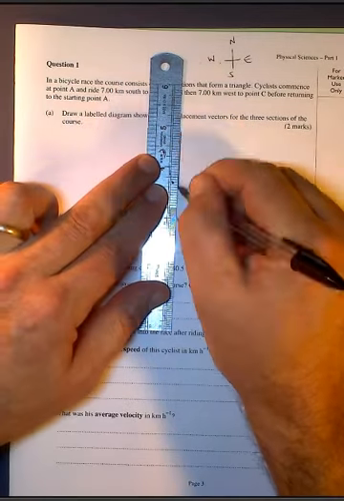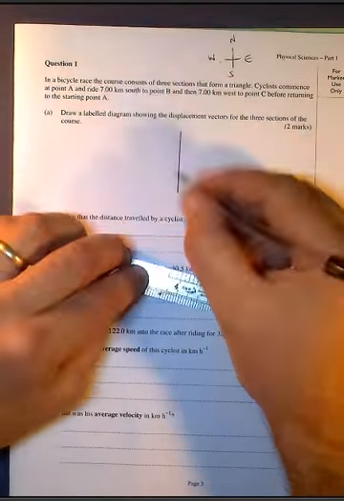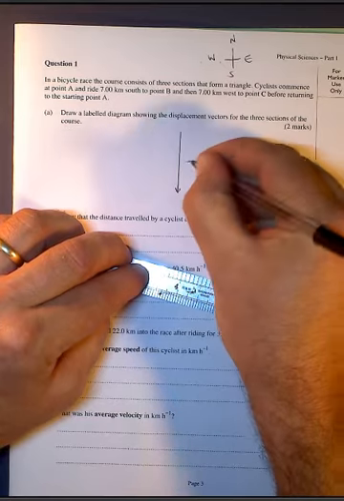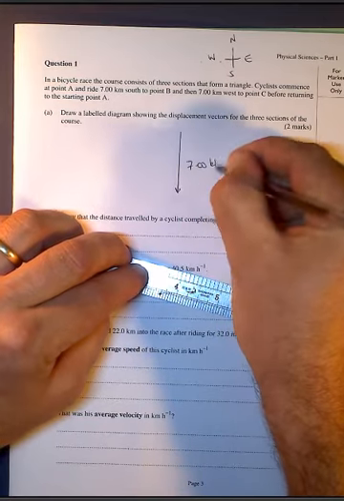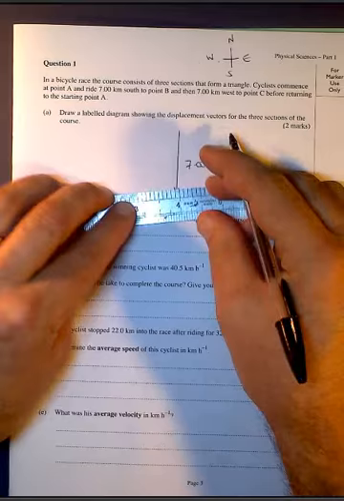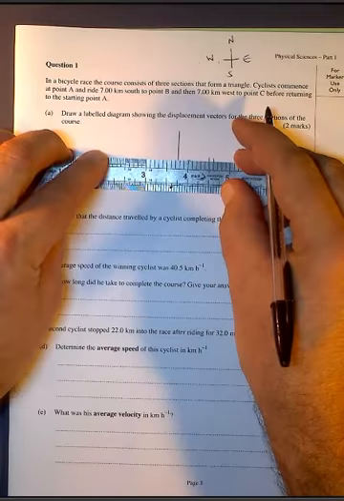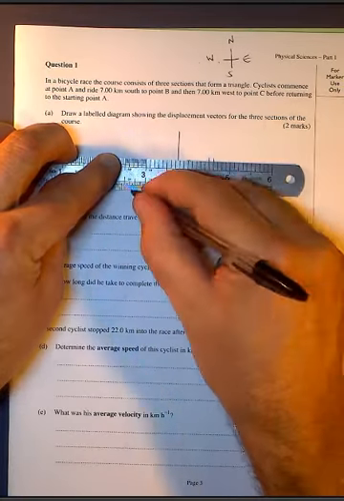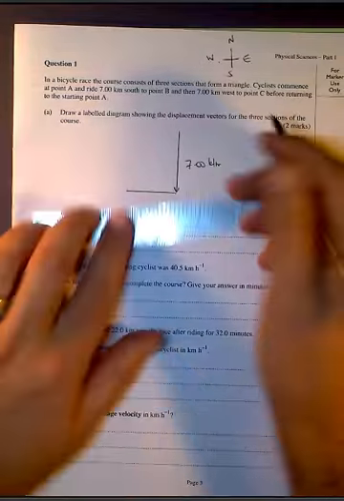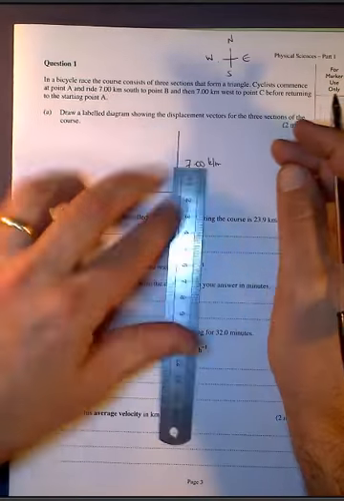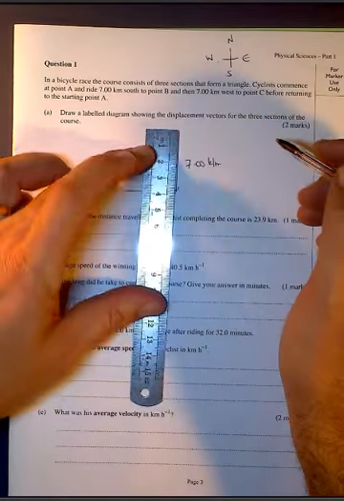Okay, let's go down from there, and that is going to be 7 kilometres south. Let's go out to there, say, maybe a bit longer. If they're going to be the same length, that is going to be about 40.